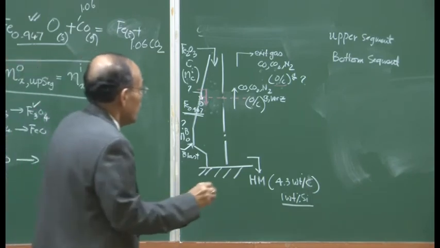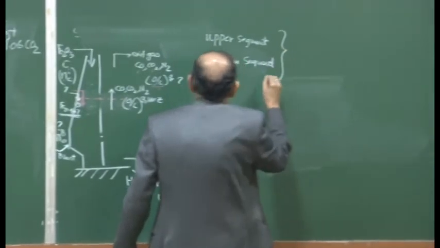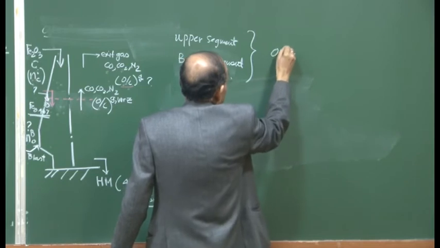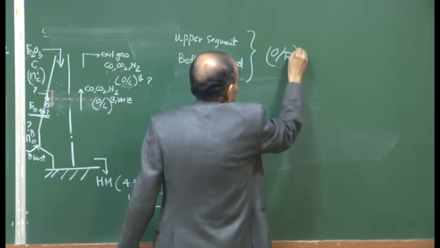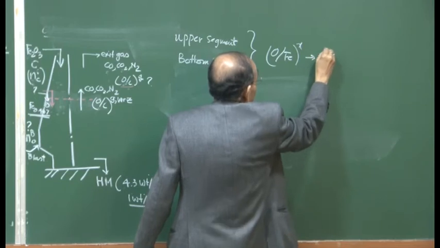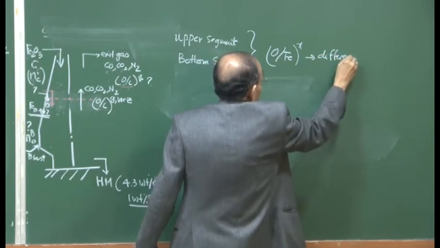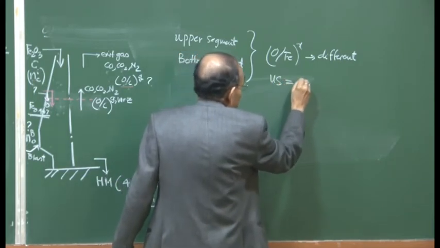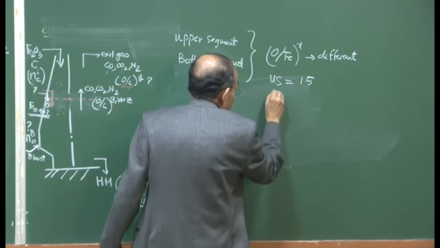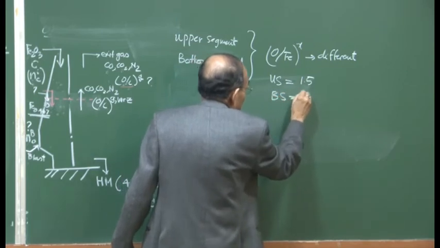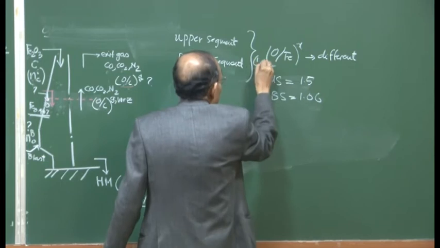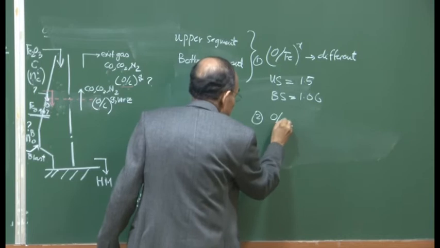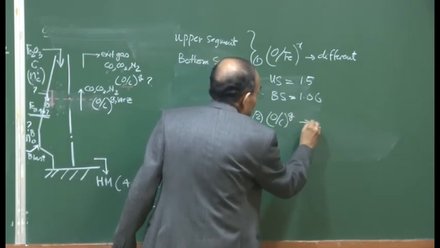So, the iron ore component has changed. As I have indicated, O by Fe, this is X, these are different. In the upper segment, O by Fe is 1.5, in the lower or bottom segment it is 1.06. This is number 1. Number 2, the O by C of the gas is different.